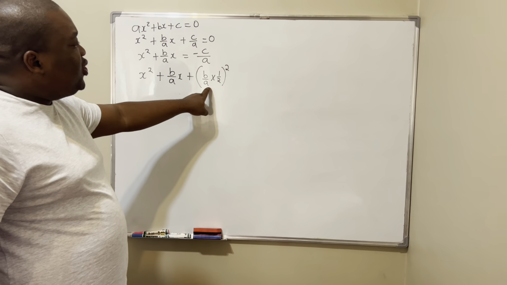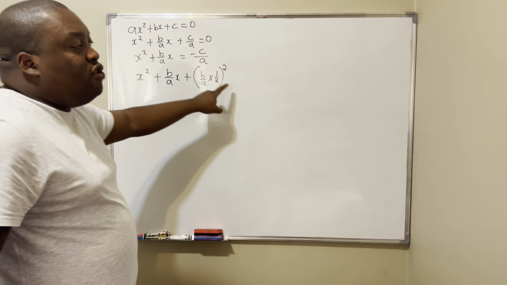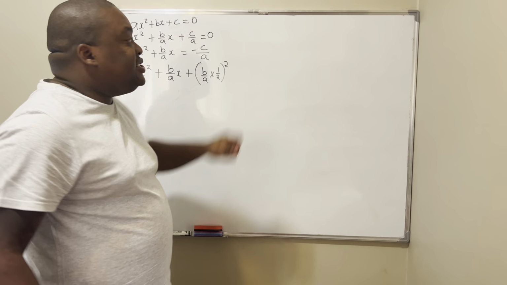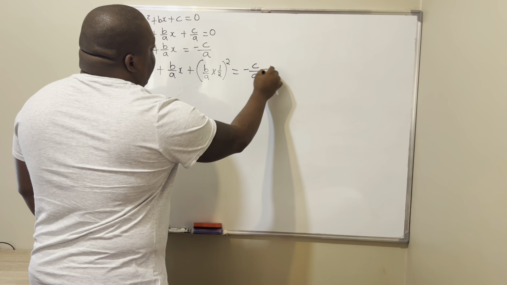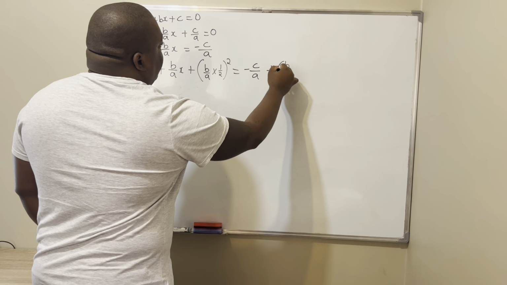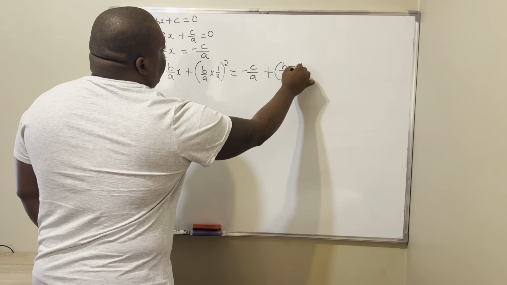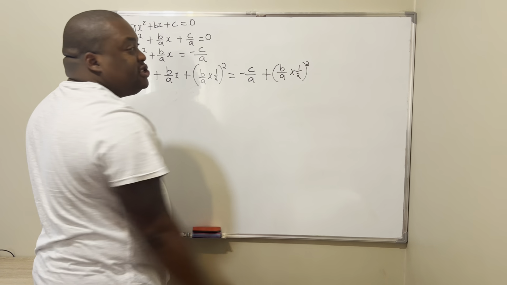Because we have introduced this term on this side, we must also introduce it on the other side. So we will have minus c over a plus b over a times 1 over 2 all squared.